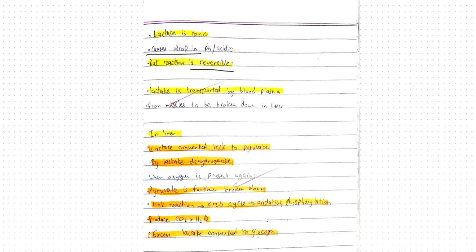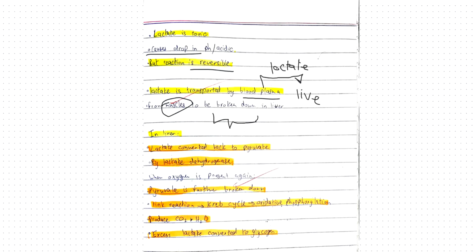So the lactate that is produced in the cytoplasm would be transferred to the blood plasma. It's usually the muscles that make lactate or lactic acid because muscles undergo anaerobic respiration a lot. So the blood plasma would take the lactate to the liver, and it would be broken down in the liver.